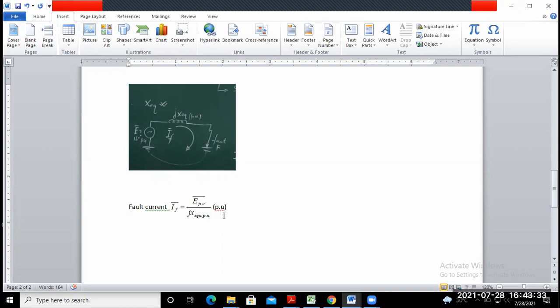So actual value of fault current, represented by IF, equals IF in per unit into base current. So I base.